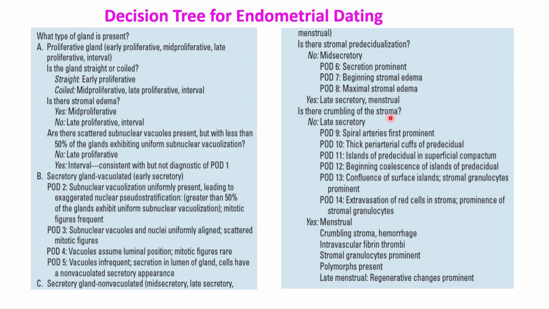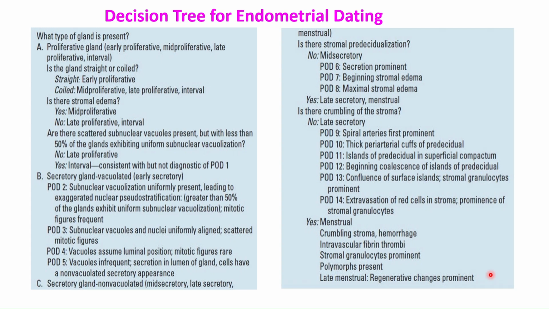Now if crumbling of stroma is present, then it is menstrual phase where you can see crumbling stroma, hemorrhage, intravascular fibrin thrombi, prominent stromal granulocytes, polymorphs are present, and late menstrual phase shows prominent regenerative changes.